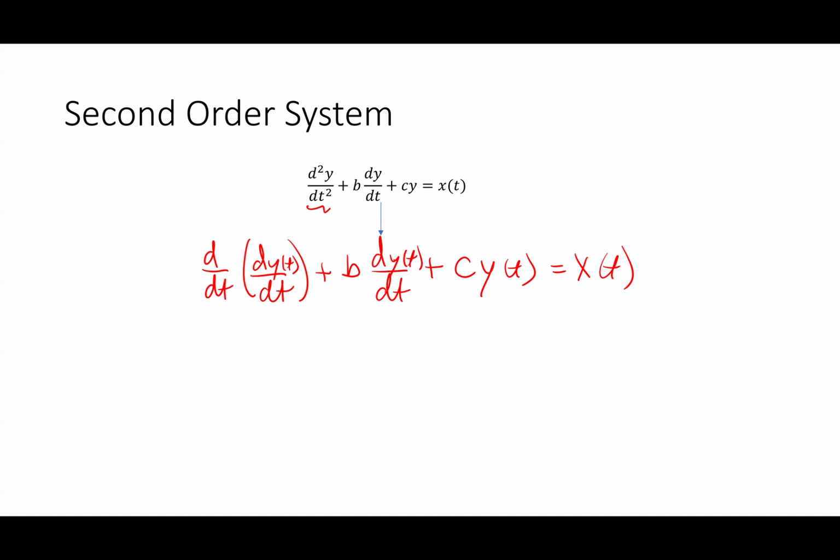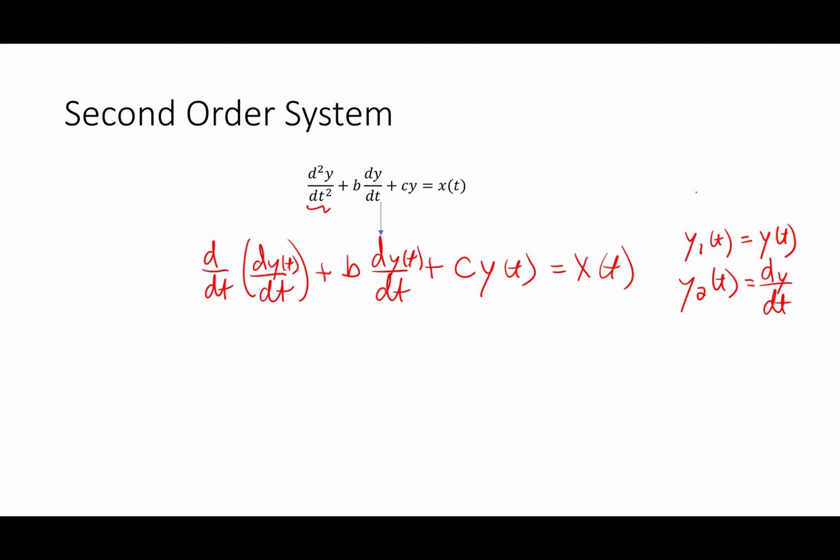Here's what I'm going to do. I'm going to make a definition. Let's define two things. Let's create a variable y1, which is equal to y of t. And then let's create another variable, y2. These examples are in the book, section 7.4, I think, where they go through the same thing.